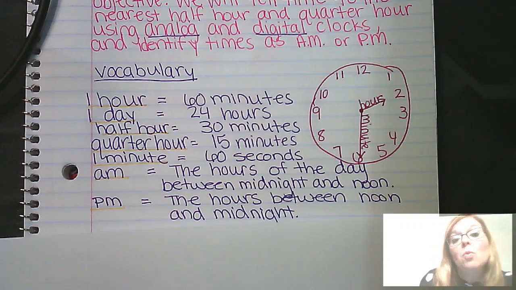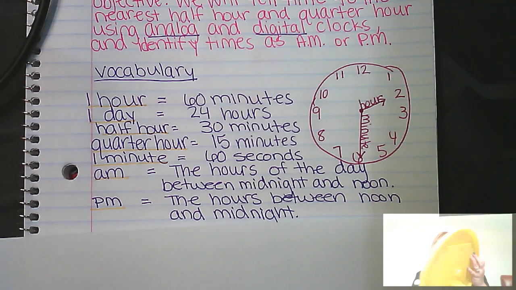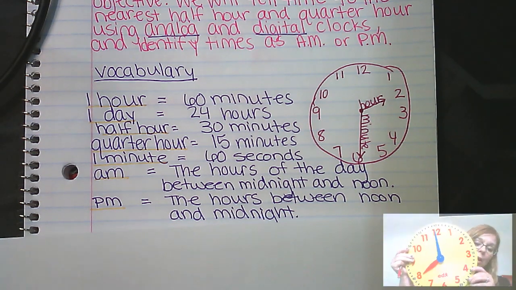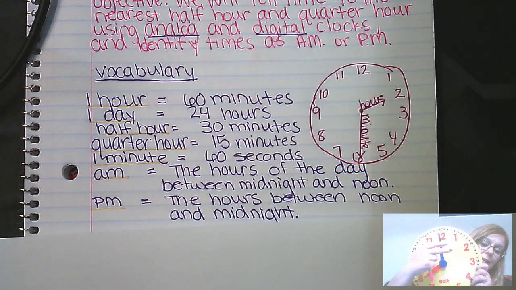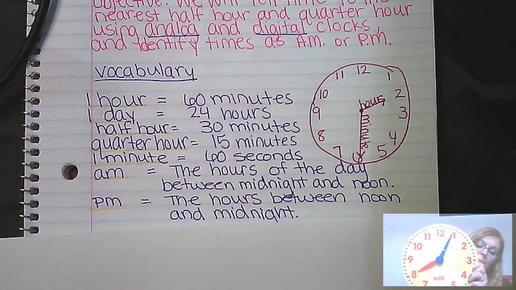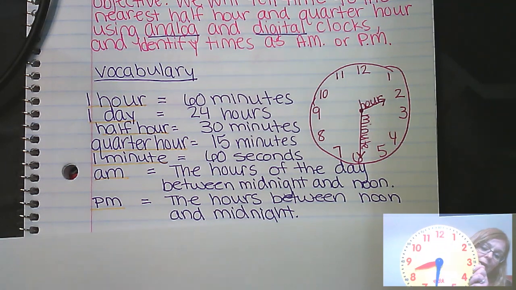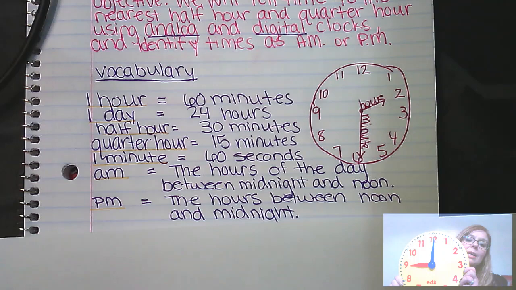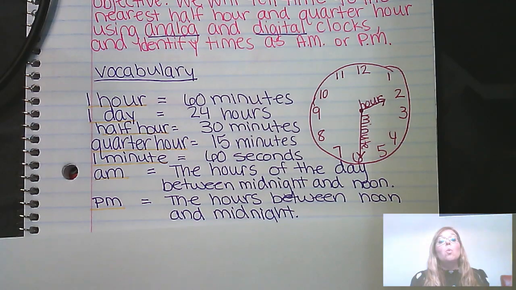All right, so 1 hour. 1 hour is one time around on the clock. It is 60 minutes. So it goes all the way this way around, and that is 1 hour, 60 minutes. 1 day has 24 hours.